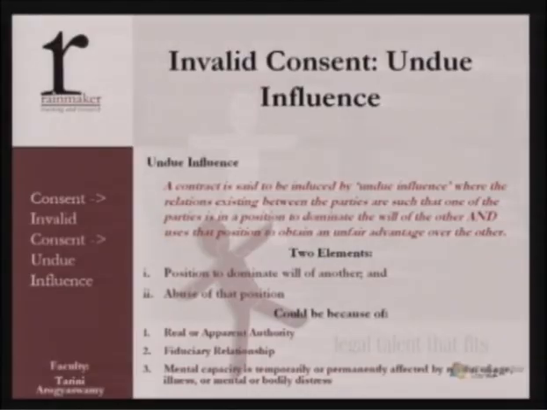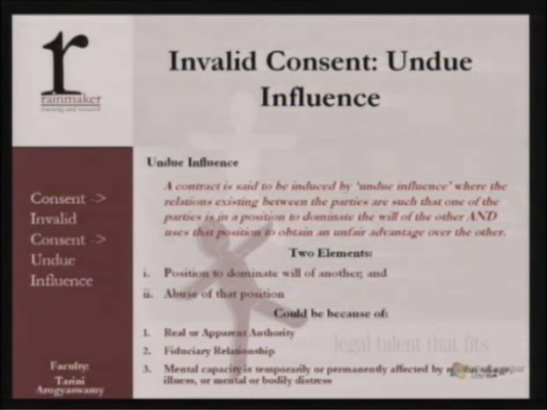Another situation involving invalid consent is undue influence. A contract is said to be induced by undue influence where the relations existing between the parties are such that one of the parties is in a position to dominate the will of the other and uses that position to obtain an unfair advantage over the other.